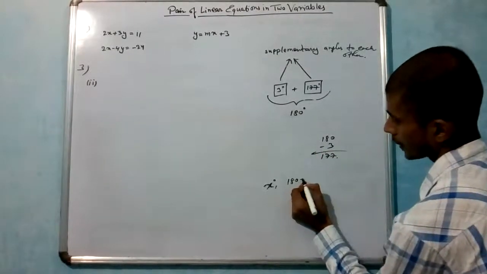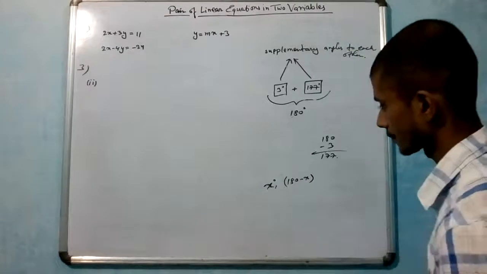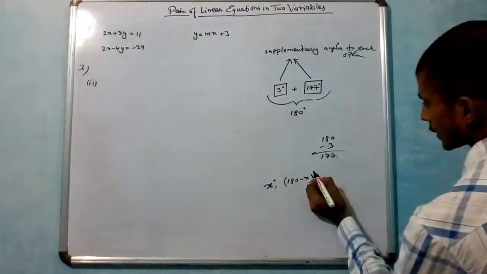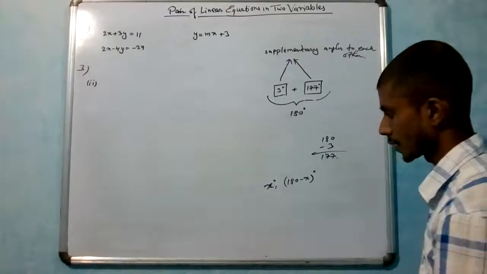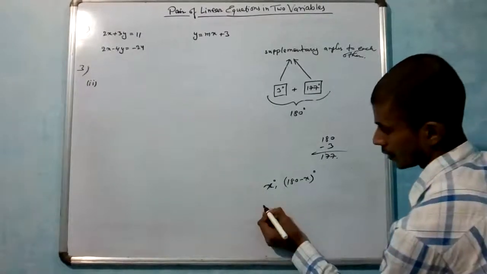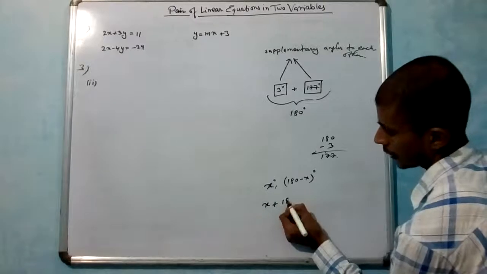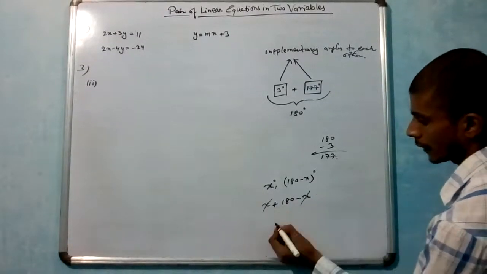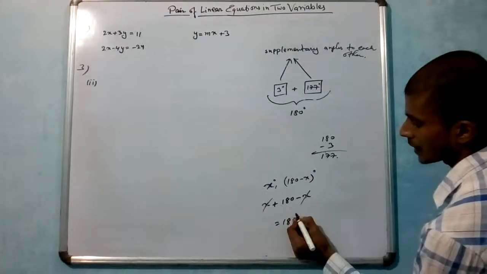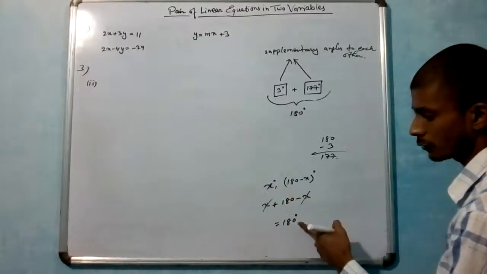So it will be 180 minus x. So this is one angle and this is another angle. If we add these two angles, we will get what? 180 degree. Let us add and check. So x plus 180 minus x as it is. Plus x minus x will go and finally we will get 180. So their addition is 180, right?